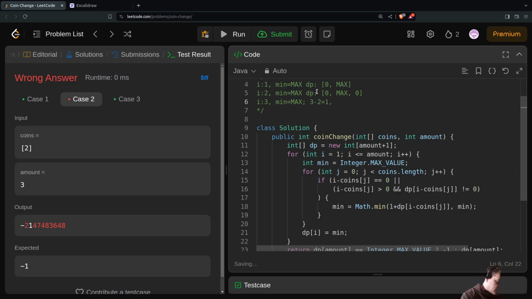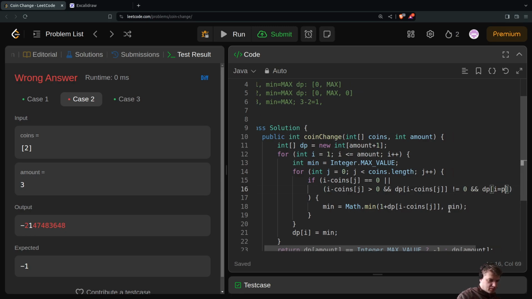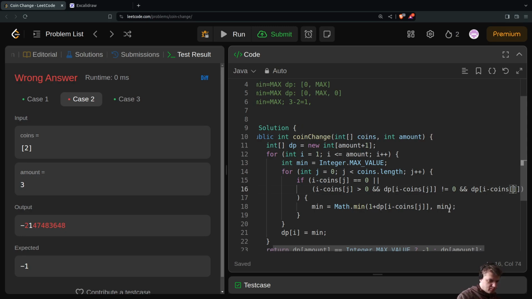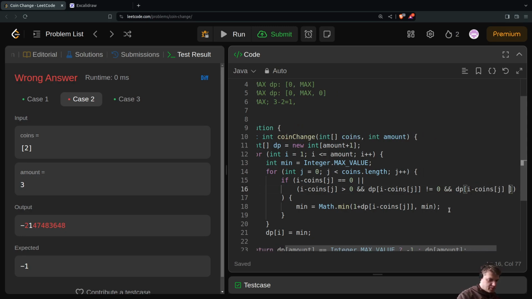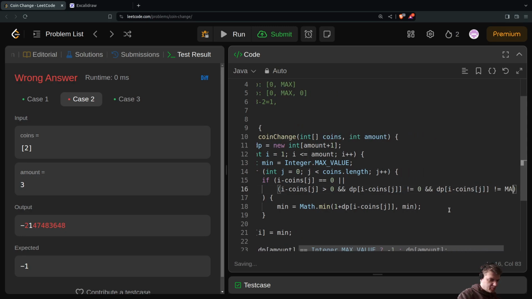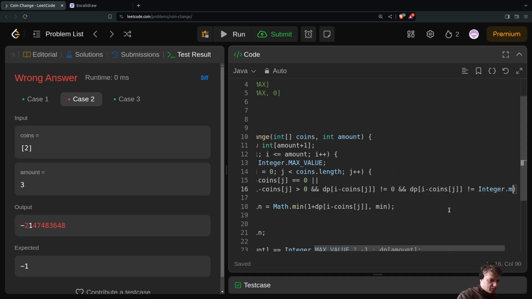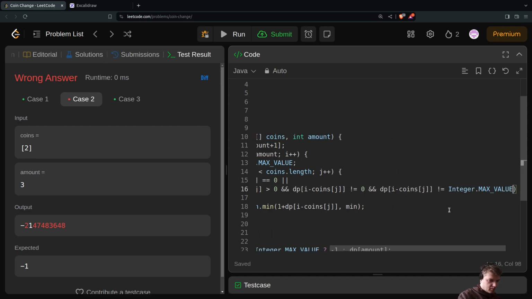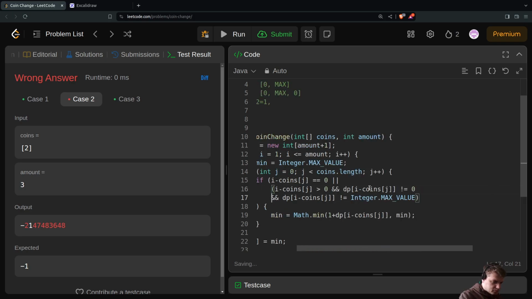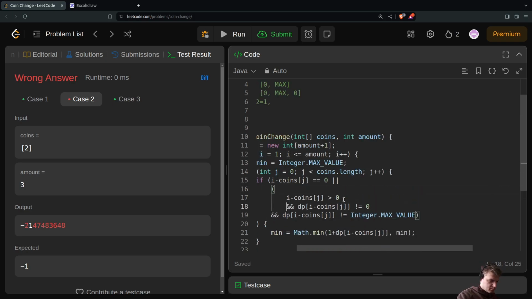Ah, okay. So it's an overflow here. So if I add the maximum, I need dp of i minus coins j not equal integer max value. Okay.